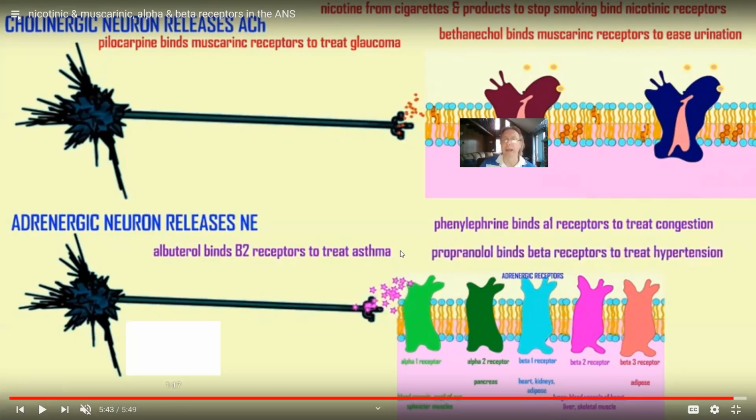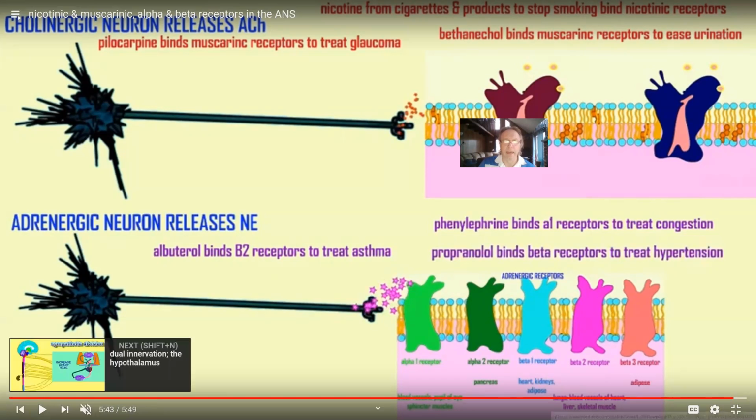So you could treat asthma without affecting high blood pressure, or affect high blood pressure without treating asthma or glaucoma or the ease of urination or congestion, etc. And so there are selective and non-selective beta blockers. A very important concept in pharmacology is that once you have this great diversity in receptors, you can have a great diversity of medications which affect some receptors and not others.